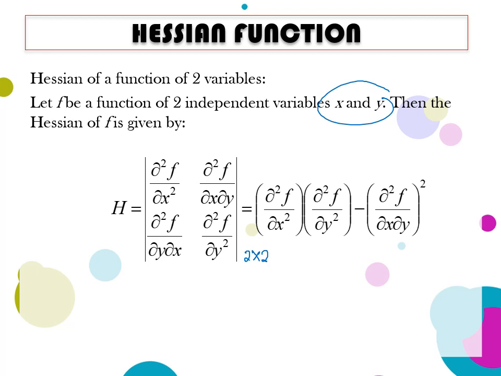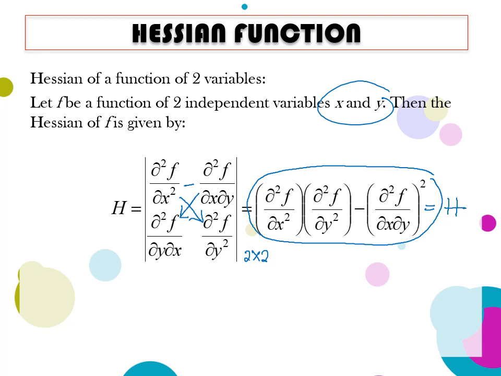To find the determinant for a 2 by 2 matrix is easy. You just cross product this minus the cross product of that. So you will get this formula to find your Hessian, your determinant.